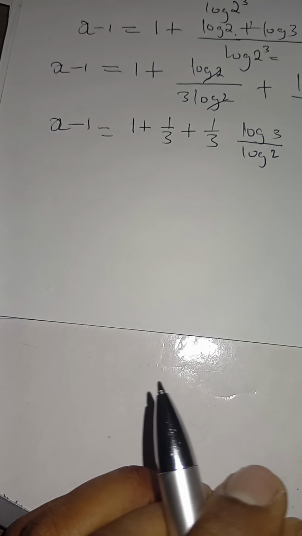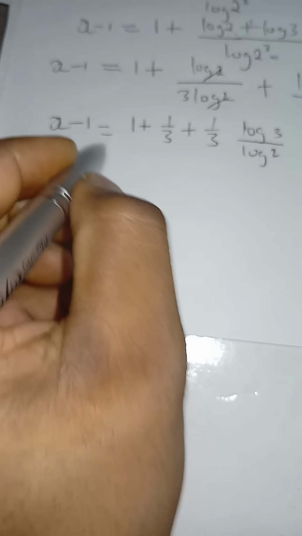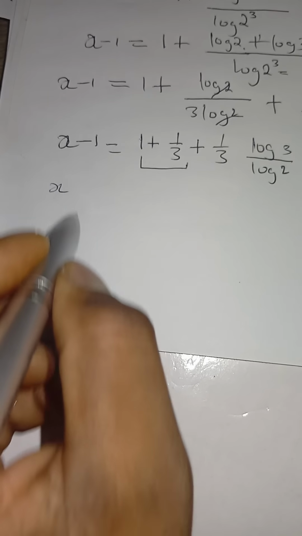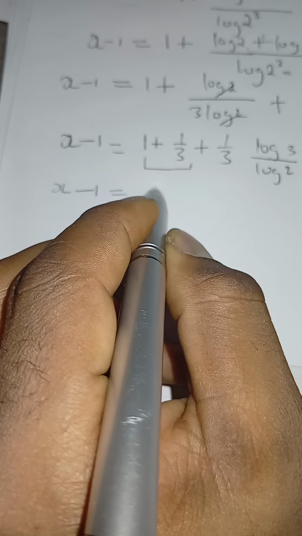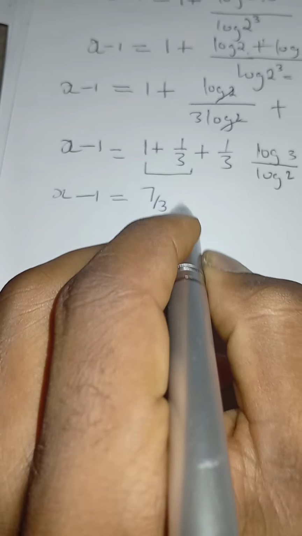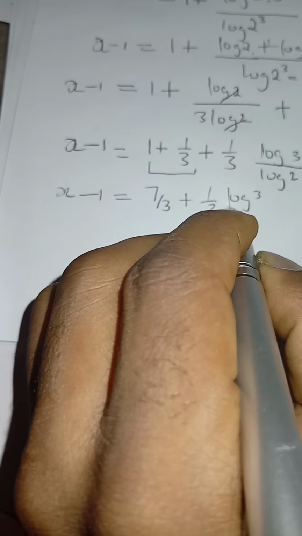Yeah, having something like this. Okay, these two: x minus 1 is equal to 7 divided by 3 plus 1 over 3 log 3 over log 2.